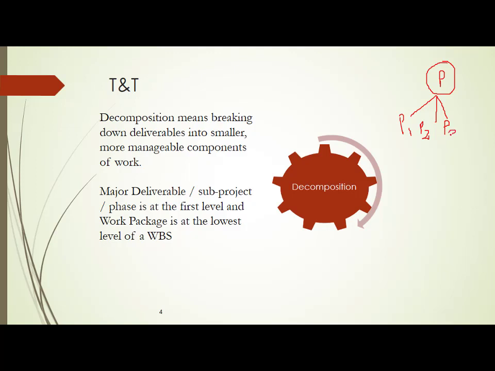Now I find a solution to problem 1, solution to problem 2, and solution to problem 3. So I have broken down the problem into three parts, and I found a solution to individual problems. This concept of breaking down the problem is called decomposition.